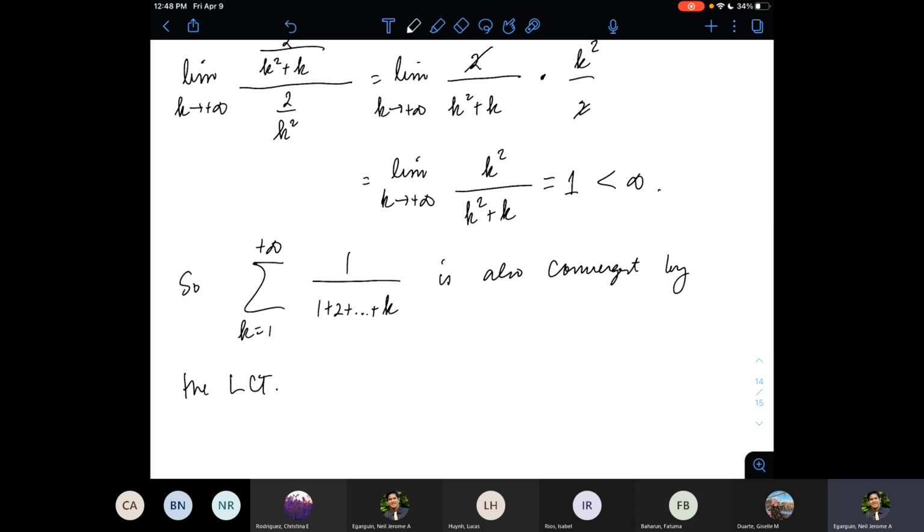You could apply some fancy tests to check if they are convergent or not, but it would be a big advantage if you can simply identify them to be a p-series or a geometric series, because we can easily know their convergence or divergence without relying on complicated tests. Okay.